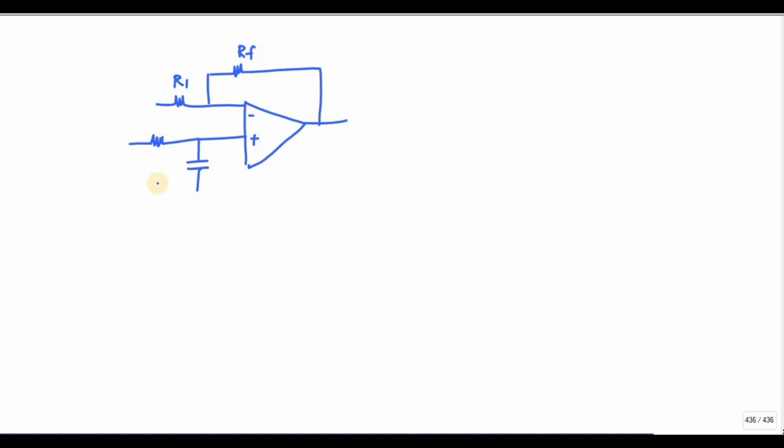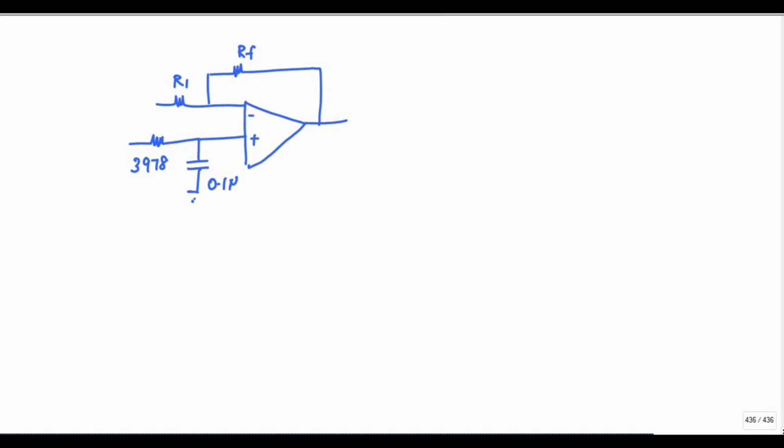This is a low pass filter, for which I have selected the R value as 3978 ohm and capacitance as 0.1 microfarad.